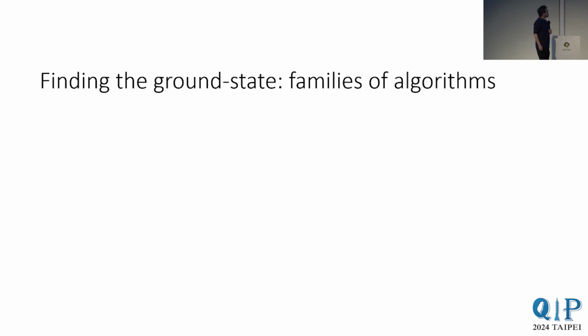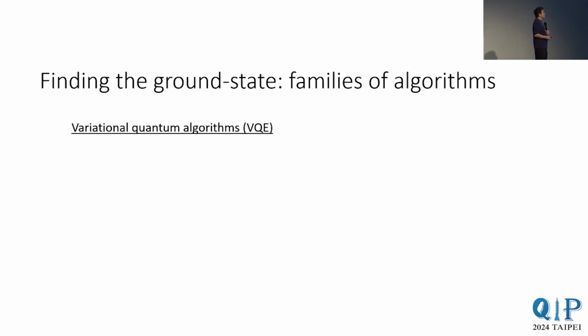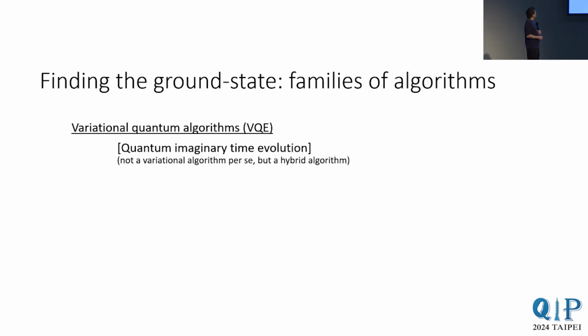OK, so after you've chosen some encoding, then you have to find the ground state. And there are essentially two families of algorithms. The first are these variational algorithms. And I'm going to put in this category some work that I worked on, which was this quantum imaginary time evolution, which isn't technically a variational algorithm, but has the same sort of classical feedback that you have in the variational algorithm.